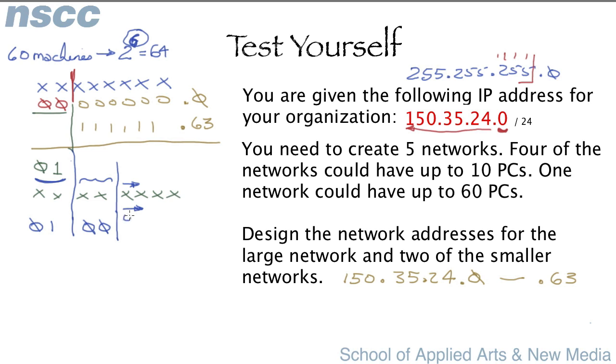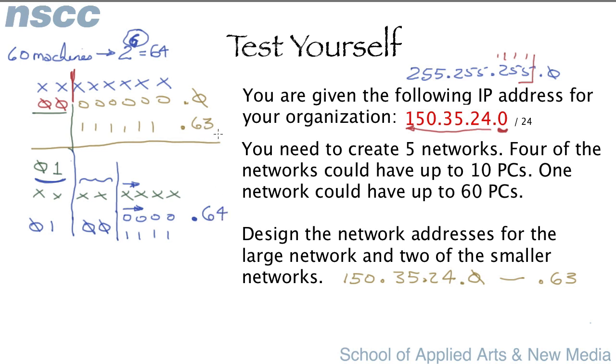So what are my addresses here? Well, I've got 4 bits. Network is all zeros. A broadcast is all ones. What are these as numbers in this last octet? 0, 1 with all zeros is a .64.